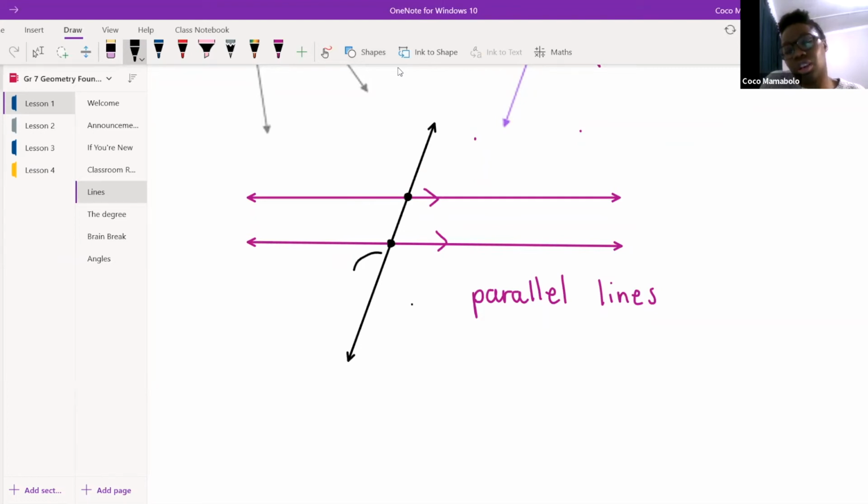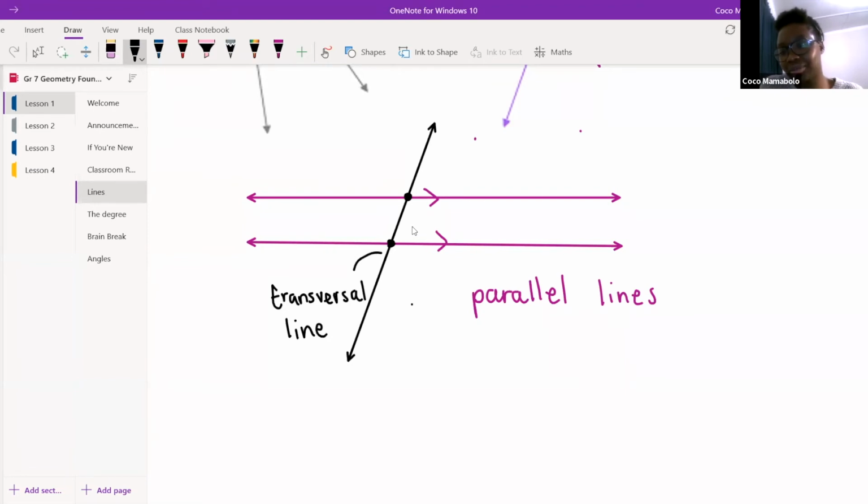Is it? Close, it's called a transversal. I know, it's hard to say. Transversal line. Okay, so do you see how it crosses both of the parallel lines? This line crosses two of them, right?